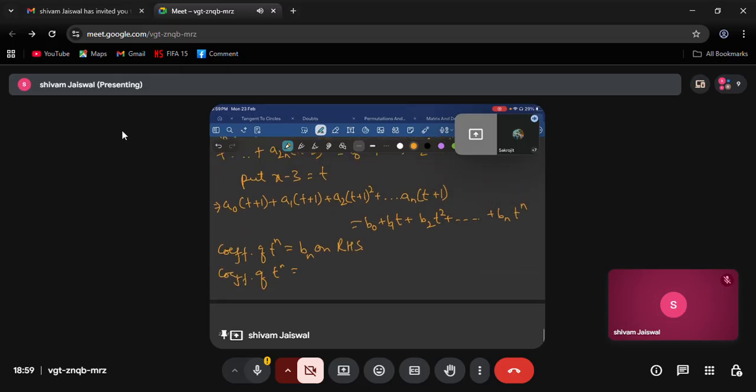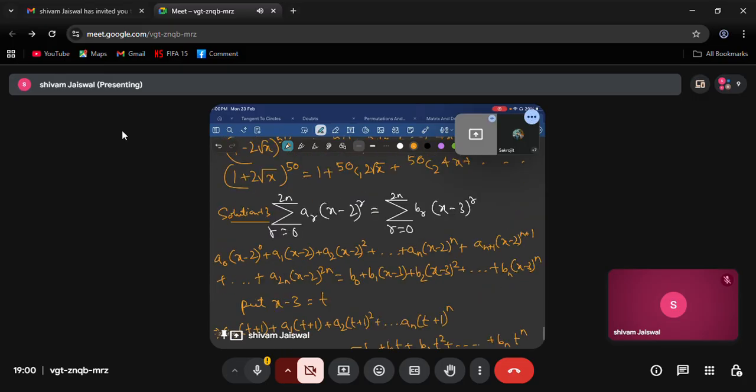Sir, an. Wait, I don't think so. What is the coefficient of t to the power n on both sides?